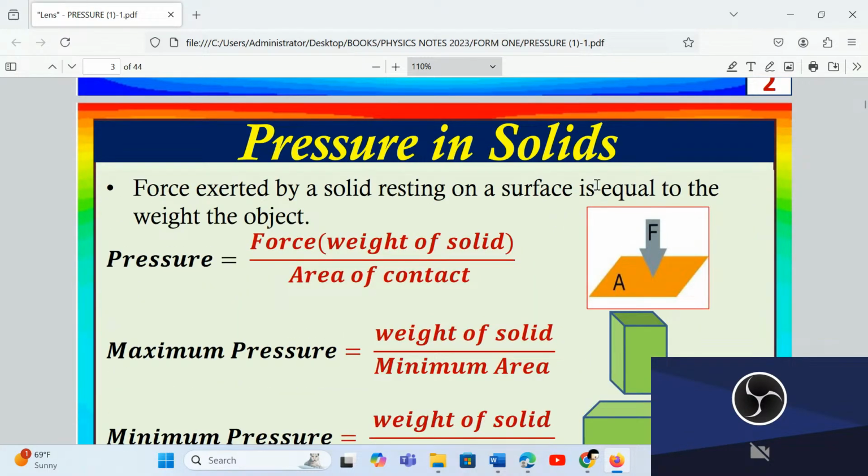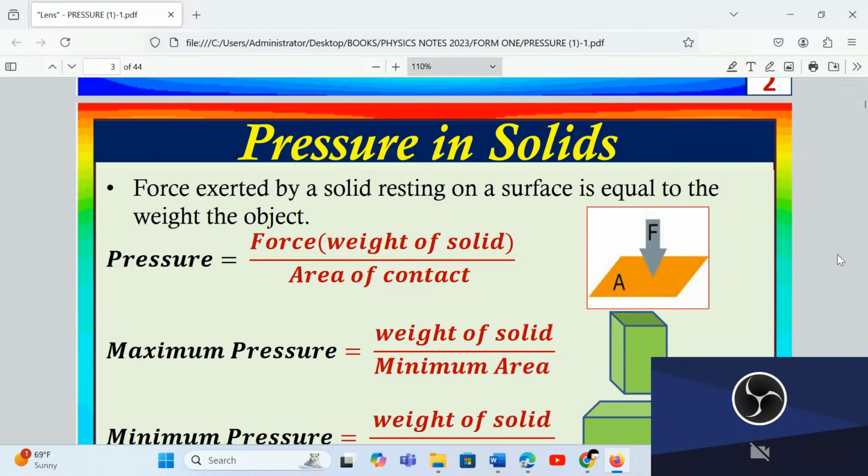So when you're dealing with pressure in solids, the force exerted by a solid resting on a surface is equal to its own weight, as you can see on your screen.